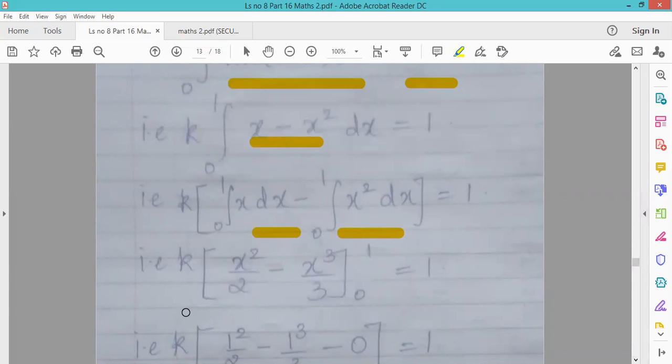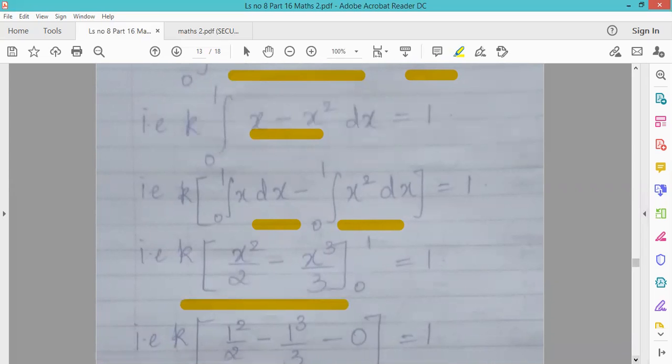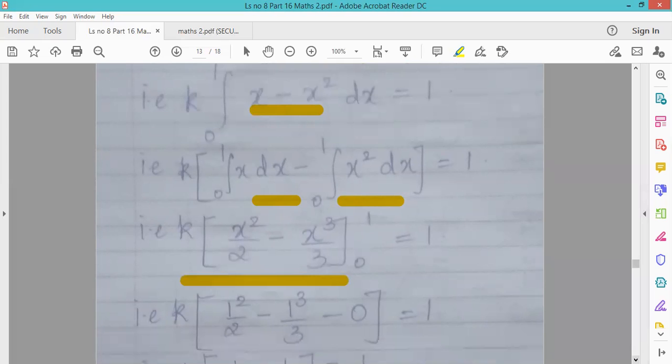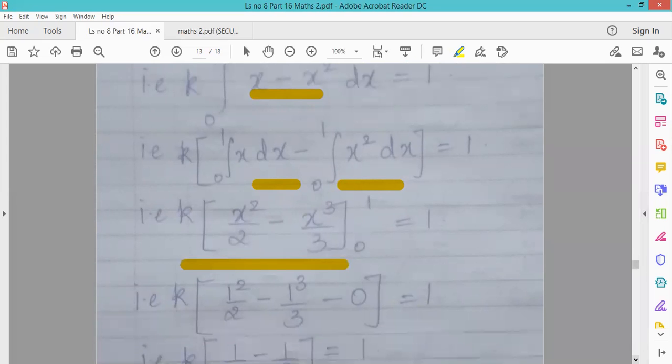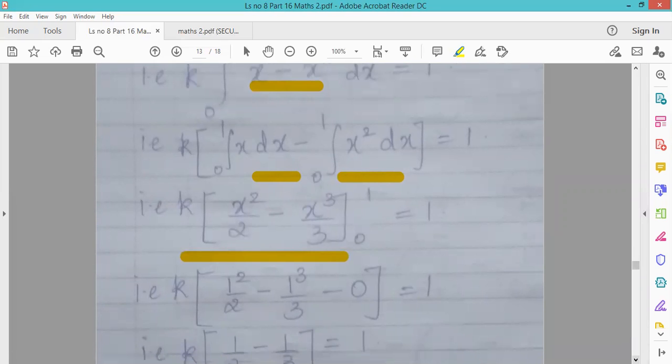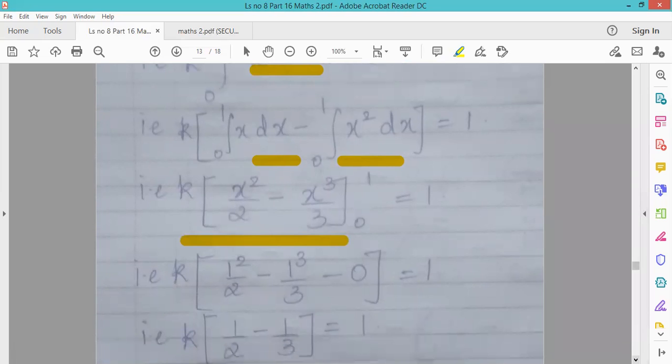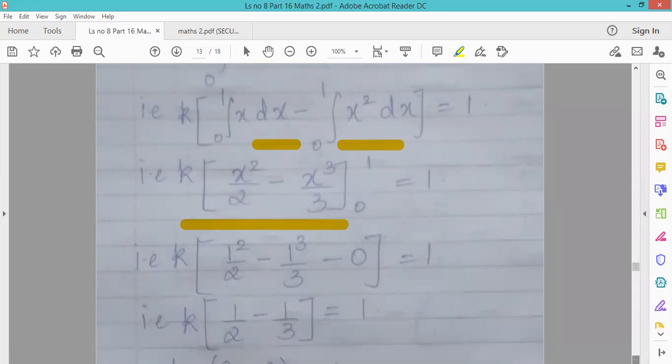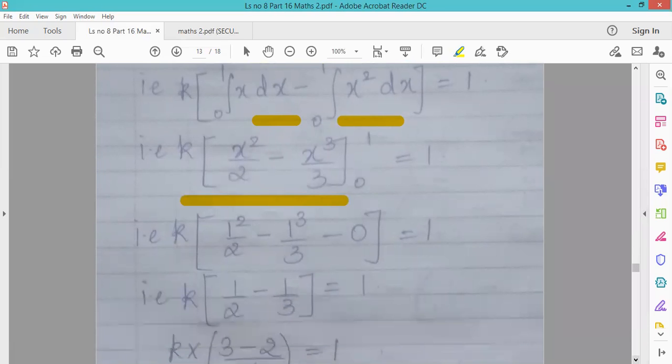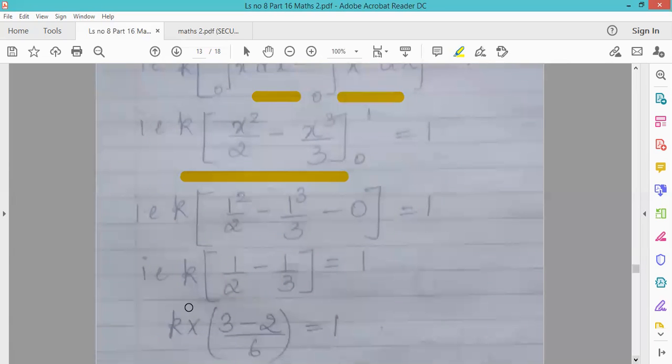The limits get transferred on the right hand side like this. First we will put the upper limit. So 1 square upon 2 minus 1 cube upon 3 minus 0, which is equal to 1. So k into half minus 1 upon 3 is equal to 1. So now you will do cross multiply or rationalize the denominator.